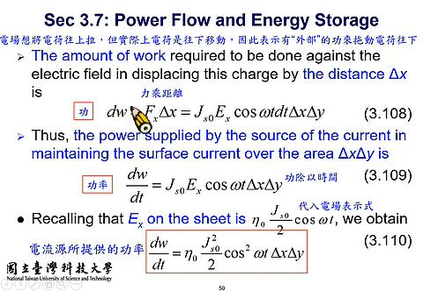And this is the work, and if you divide the work by time, dW over dt, you get what? You get power. 功率, power.